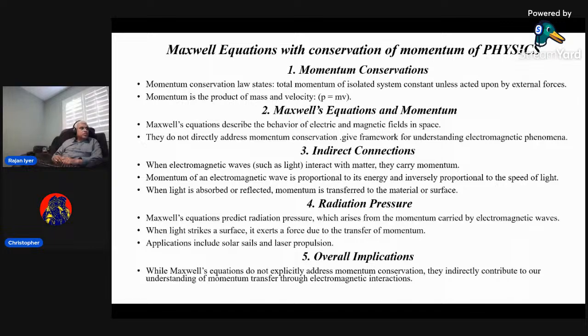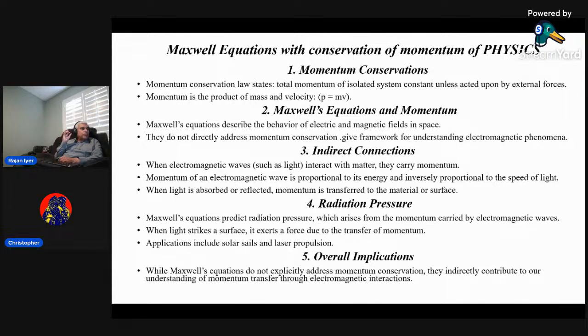So, what are the indirect connections? Electromagnetic waves, such as light, interact with matter. They carry momentum, right? The waves carry momentum, and later on, we'll see that it was picked up as waves and particles coming together. But the waves themselves carry momentum, and then interact with matter, then transfer the momentum.